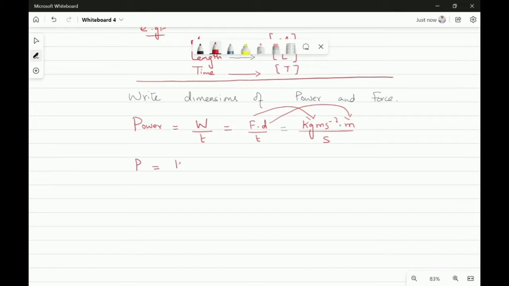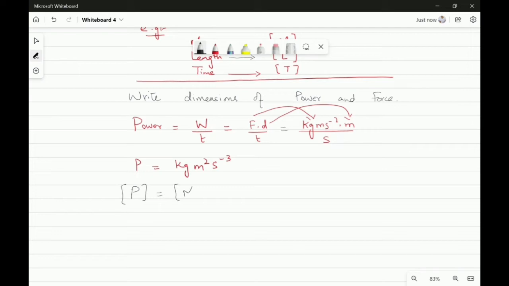So power will become kilogram, meter into meter will become meter square, and when second goes to the numerator it will become s to the power minus 3. Now that you have its SI units, you can write dimensions easily. So the dimensions of power will be written inside square brackets.